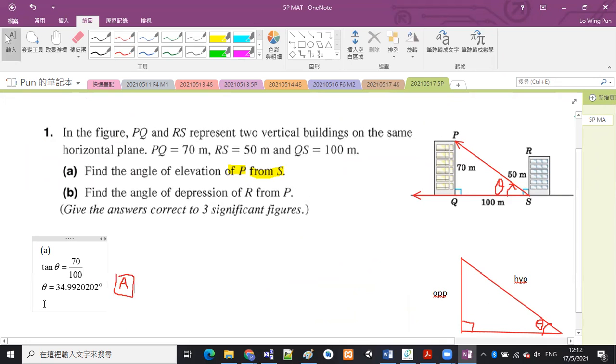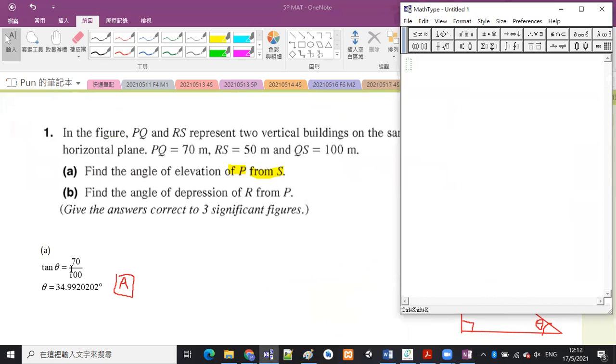Okay, and just write down the conclusion. Therefore, the required angle of elevation is 35. We need to correct to 3 significant figures. This is 34.99 something. The third significant figure is this 9, but the next digit is also 9, so we need to add 1 to this 9.